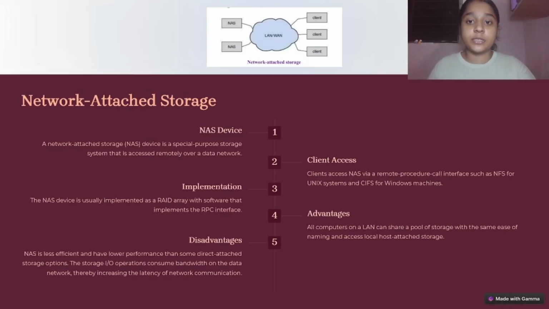Network attached storage is a specialized storage system that can be accessed remotely over a data network. Clients access the NAS device using a remote procedure call interface like NFS for Unix systems and CIFS for Windows.